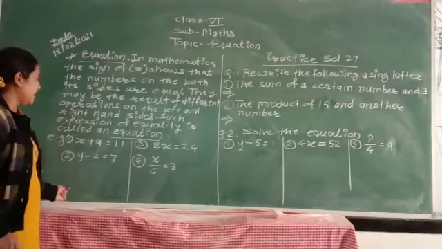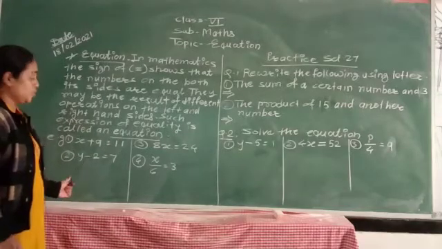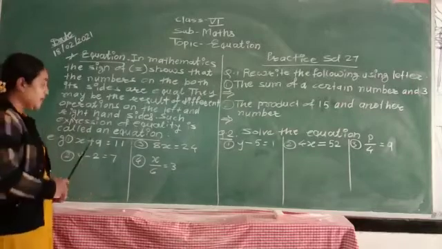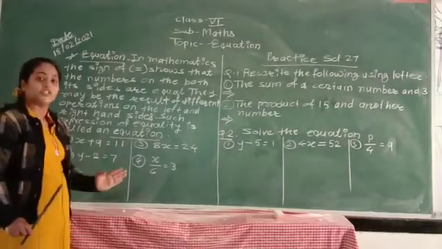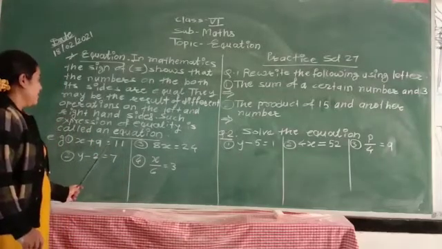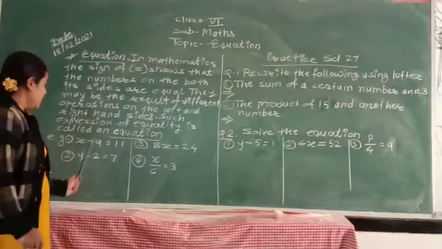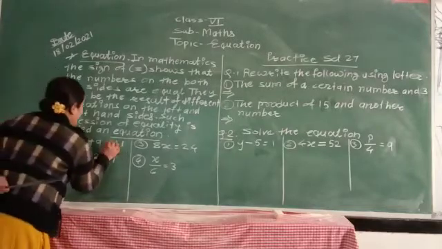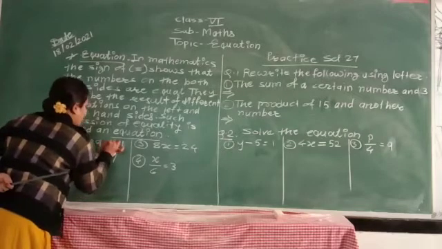x plus 9 is equal to 11. So, this expression is called an equation. Why is this expression called an equation? As x plus 9 is equal to 11, in this equation we see that there is the sign of equality.